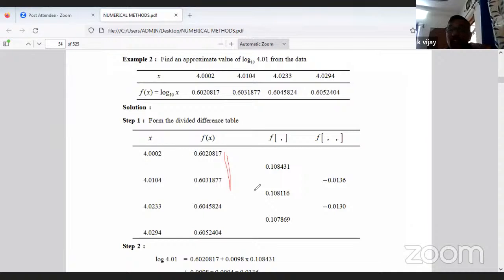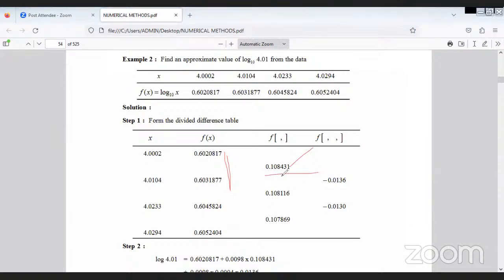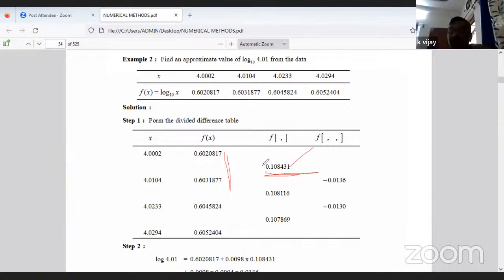Correct. Lakshmi. Sir, చేస్తున్నాను సార్. Okay. Zero point 603 1877 minus 0.602 0.81887. Is the values correct?